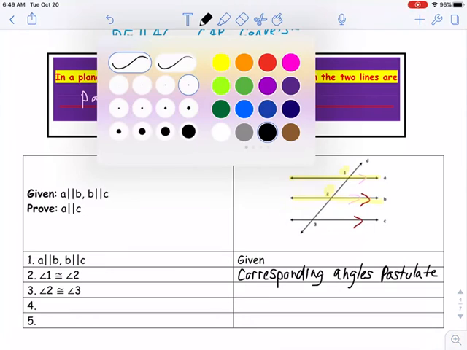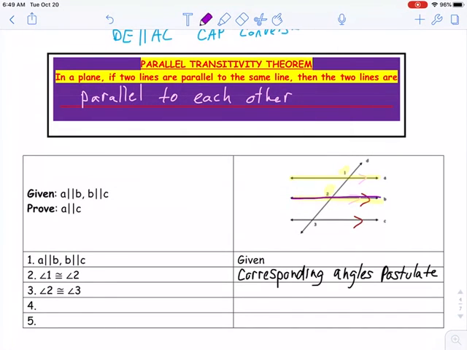Okay. Now, we know B and C are parallel. So what's the relationship with 2 and 3? Well, they're alternate exterior angles. So we know that they're congruent by the alternate exterior angles theorem, right?